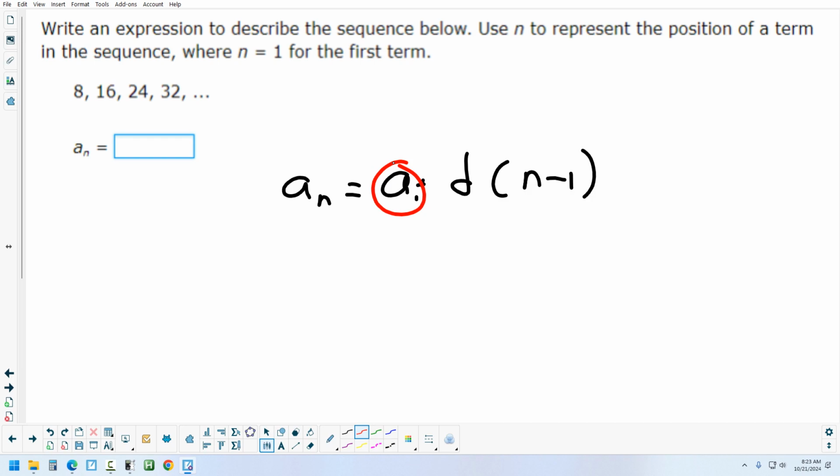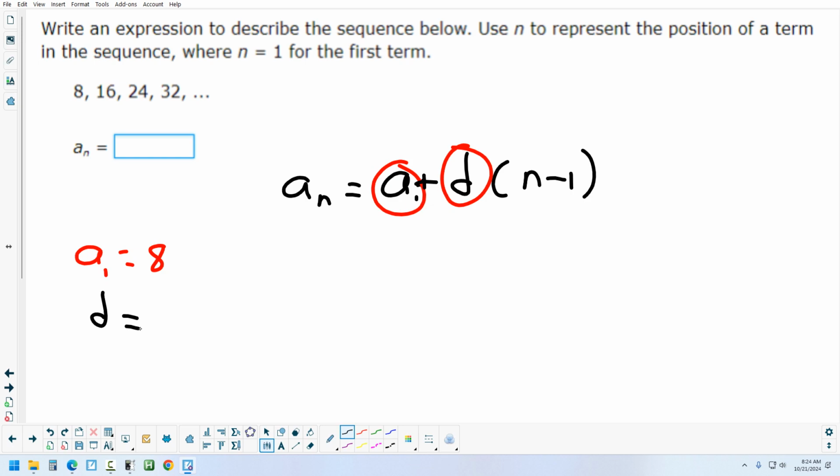That's my first term. Anyone think they can tell me what the first term is in this sequence? 8. 8, perfect. So we've got the A1. What's one other thing that I need to figure out besides the A1? Yeah, the difference. I got to figure out the d. In fact, that's the only other thing I need to figure out.